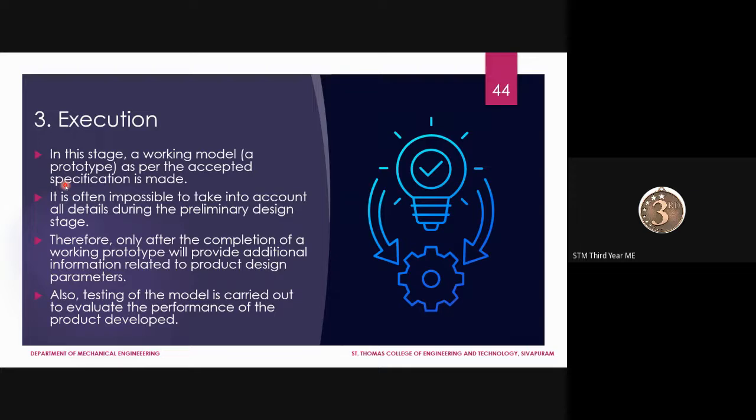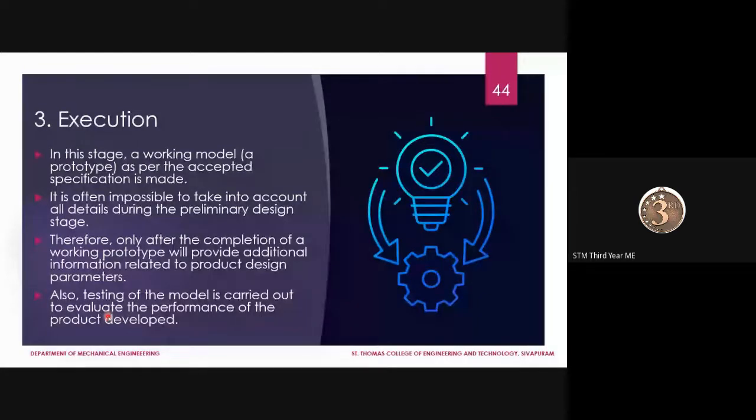And under execution, we are testing the model to evaluate the performance of the product developed. To evaluate the performance, we studied in the fourth module about key performance indicators, which are used to analyze the level of performance, maybe the procedure that is carried out, or how well the functions are being done by the product that is developed.